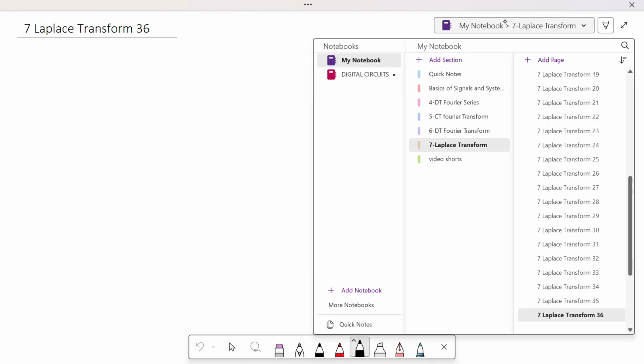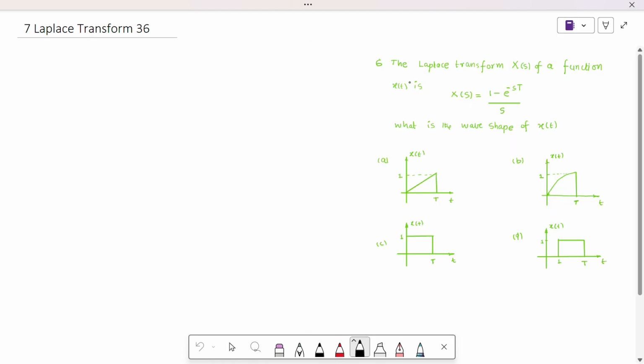So the next problem: the Laplace transform X of s of a function x of t is given. What is the wave shape of x of t? X of s equals 1 by s minus e power minus sT by s.